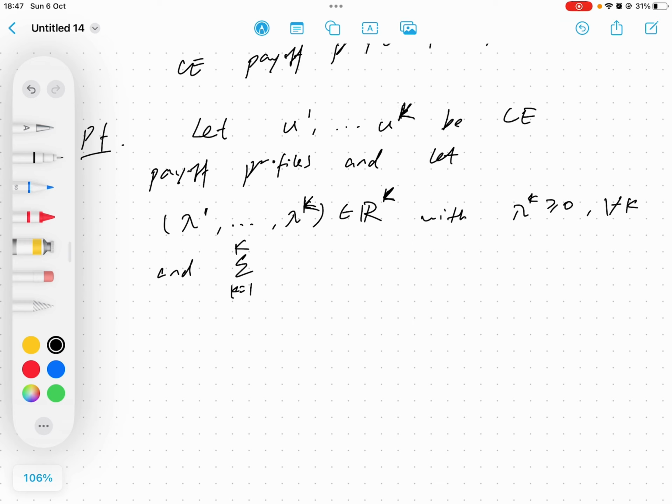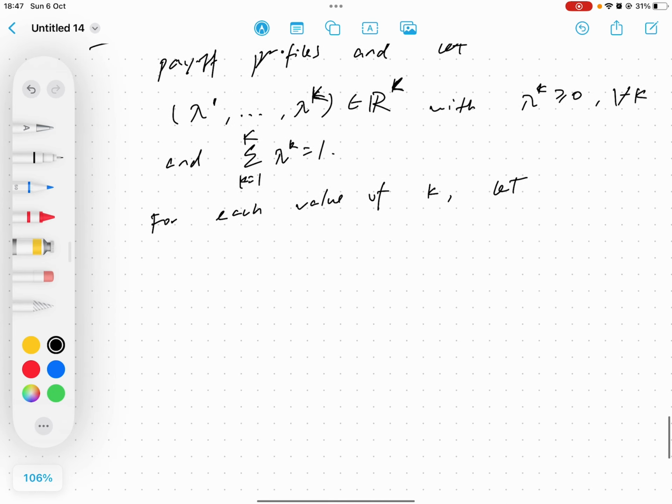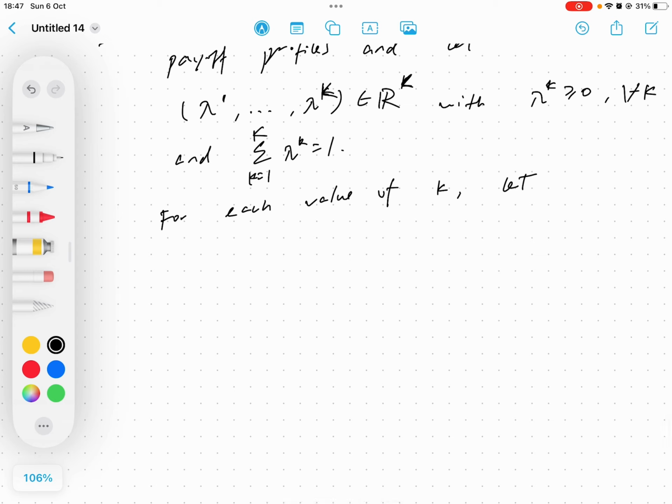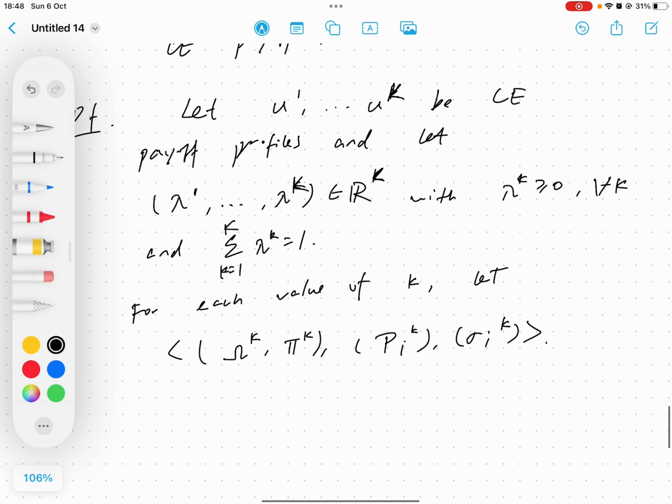Okay, so for each value of k, we make a correlated equilibrium where we have the notation for that: omega^k, pi^k, and correspondingly curly P^k. This k is just a superscript to denote a different equilibrium, right?